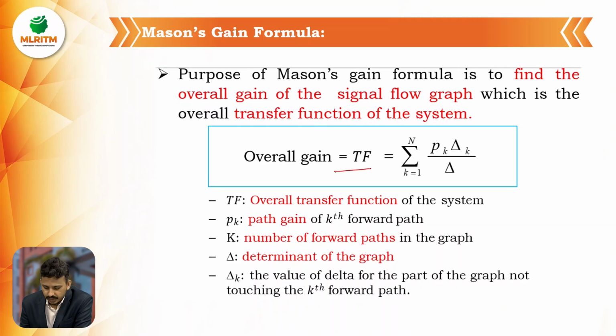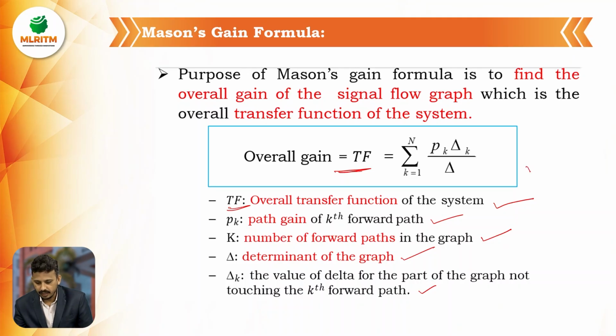So the overall transfer function of a system is given by TF is equal to sigma k equals 1 to n of Pk delta k by delta, where TF is the overall transfer function of the system, Pk is the kth forward path gain, and n is the number of forward paths in the graph, and delta is the determinant of the graph, and delta k is the value of delta for the part of the graph not touching the kth forward path.